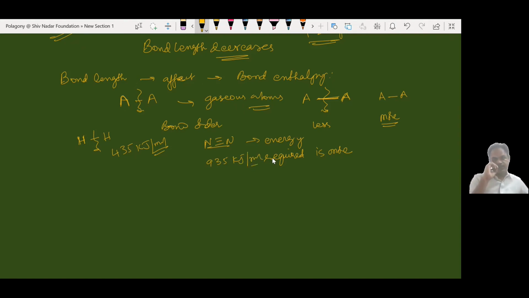This depends upon the bond length. The bond length between hydrogen atoms in a single bond is 74 picometers. Between hydrogen and oxygen, the bond length is 96 picometers. And between carbon and hydrogen, the bond length is 107 picometers.